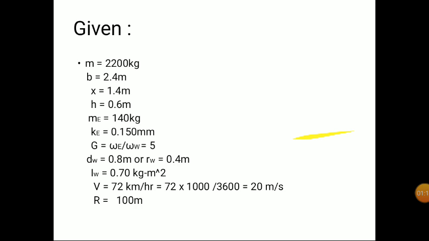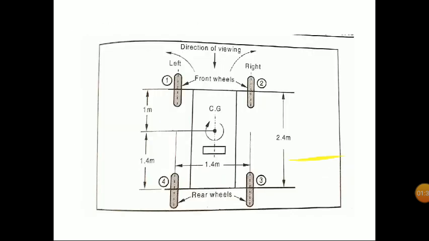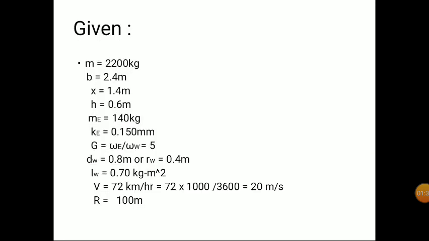Upon considering the given data: mass is 2200 kilogram, and B, which we discussed in the last section. In the last figure, you can see B here is 2.4 meter, the distance between front wheel and back wheel. X is 1.4 meter.